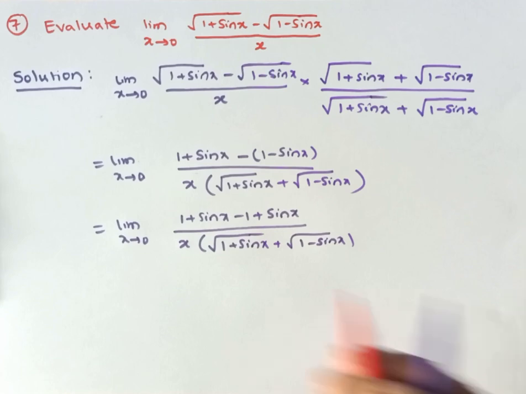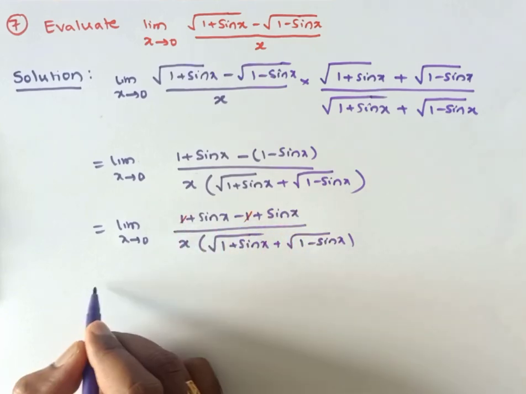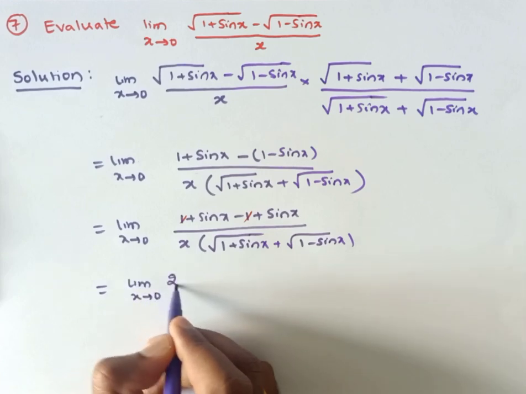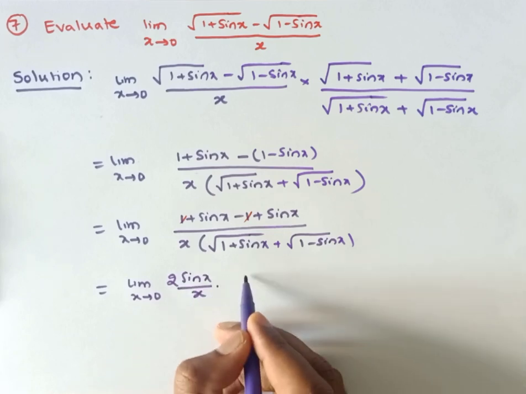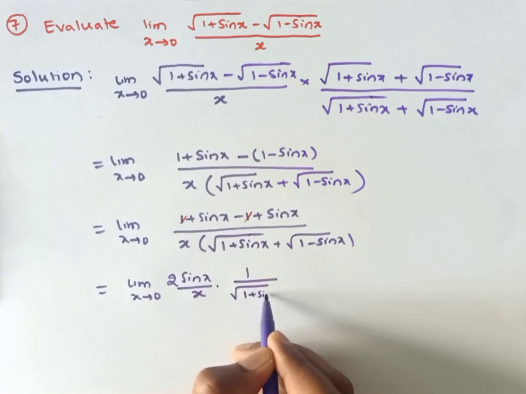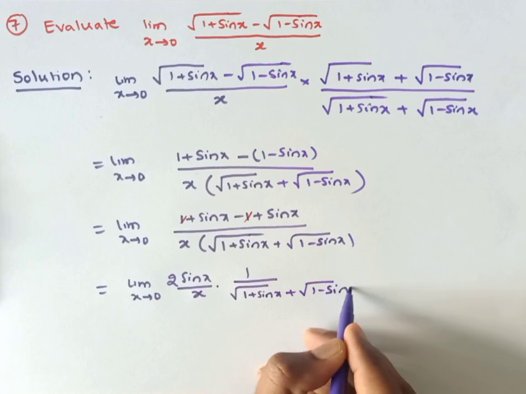Now here minus 1 plus 1 gets cancelled, sin x plus sin x is there, so that is 2 sin x. So limit x tends to 0, it is 2 into sin x by x into, the remaining part is root of 1 plus sin x plus root of 1 minus sin x.